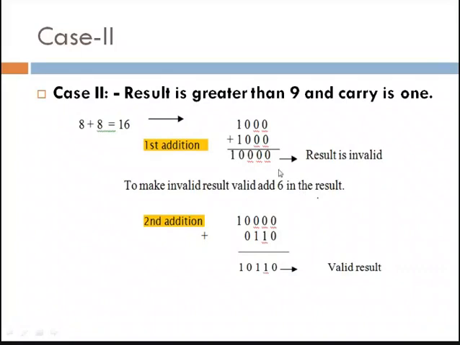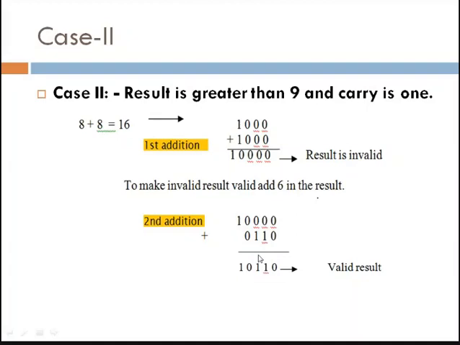So consider your result is this one, 1000. This is the result, and we are adding 6 to that result, so 0110. Now perform the normal binary addition: 0 plus 0 is 0, 0 1 1, 0 1 1, 0 0 0, and 1 is as it is.